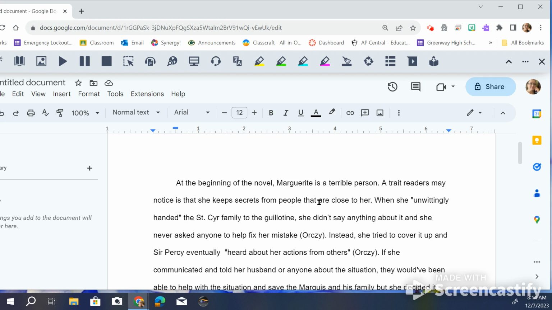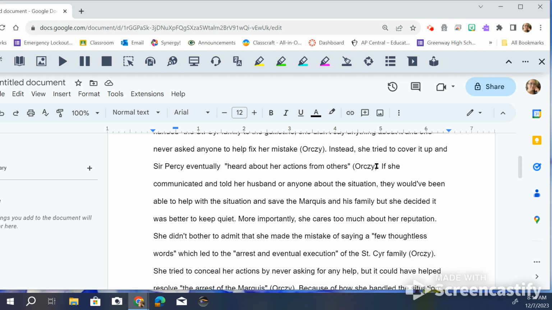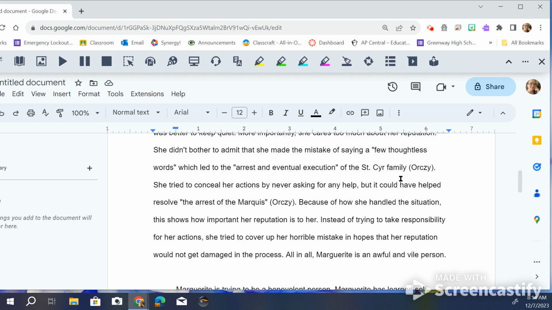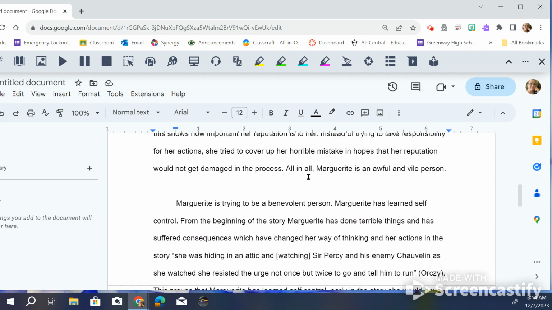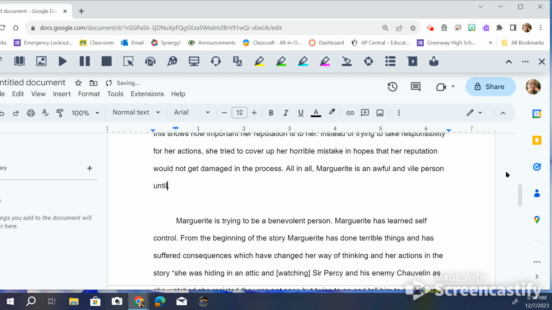So, at the beginning of the novel, Marguerite is a terrible person. She's terrible. The St. Cyr family, she's terrible. All in all, Marguerite is a horrible, vile person until near the end when she has her redemption.